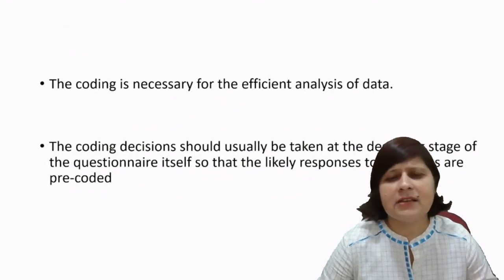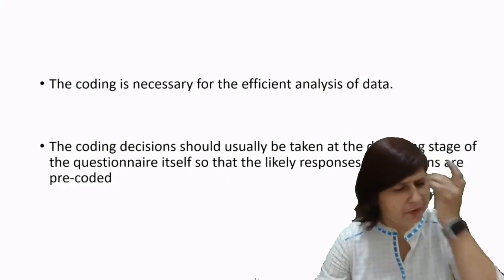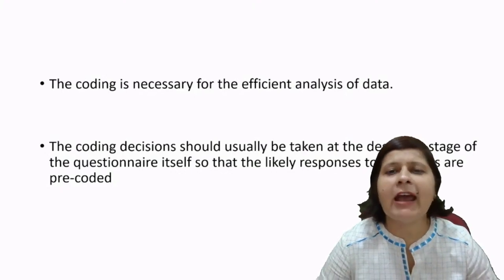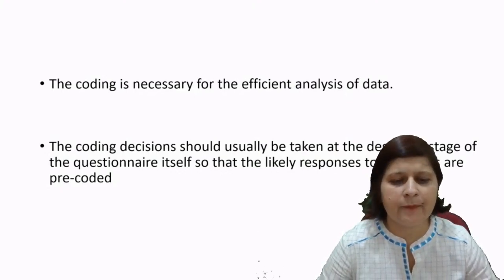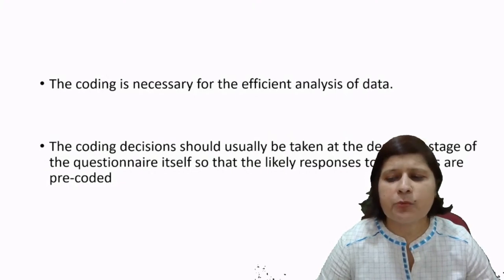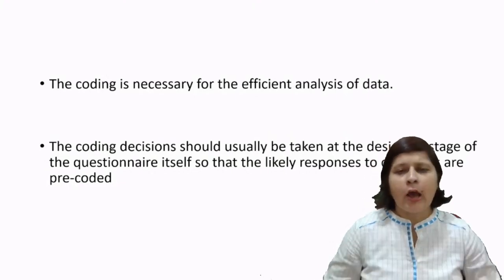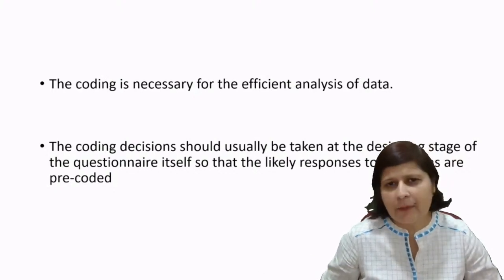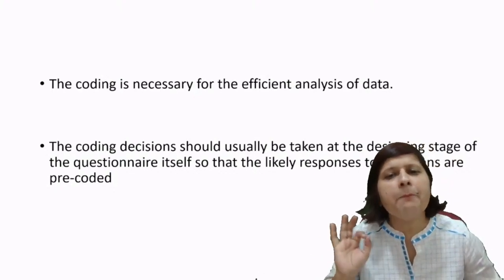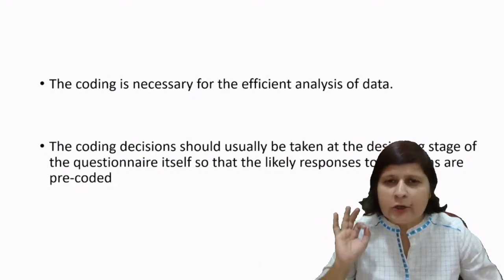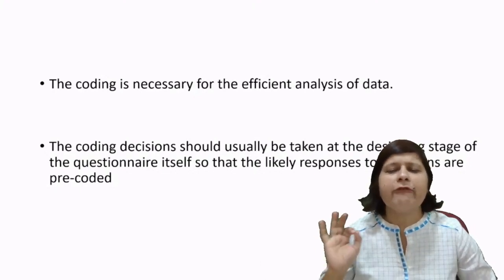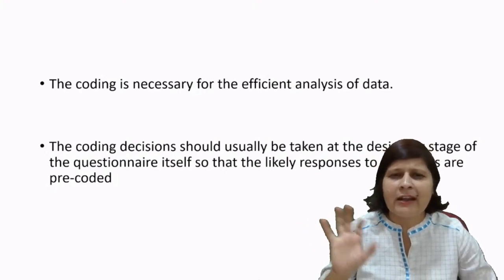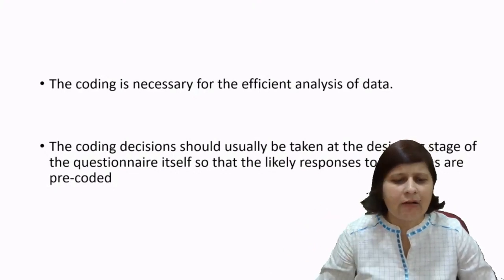Coding is necessary for efficient analysis of data. Coding decisions should usually be taken at the designing stage of the questionnaire, so that the likely responses to questions are pre-coded. Whenever you are making categories or want to code something, it should be pre-decided, while you are developing your questionnaire, so that you can record your answers accordingly.